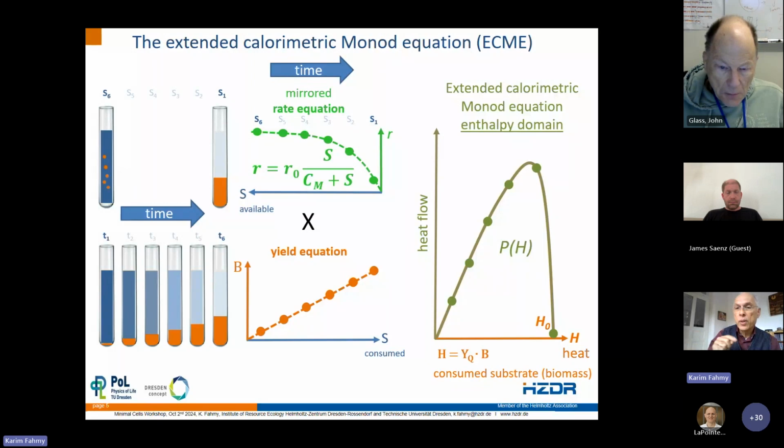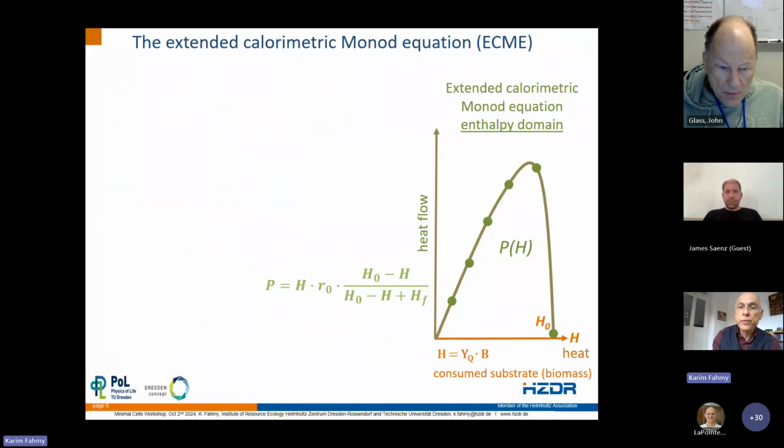So in other words, we will discuss these parabola-shaped curves which we describe, and you can rediscover here the Monod equation in that right part. We just have replaced substrates by joules, by enthalpy terms, and the Monod constant is converted into a fitting parameter that corresponds to the heat that a culture would have released if it had started growing at half maximal metabolic activity. So that is all the mathematical background.